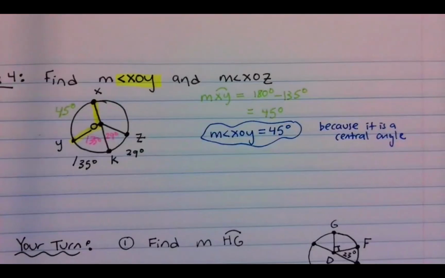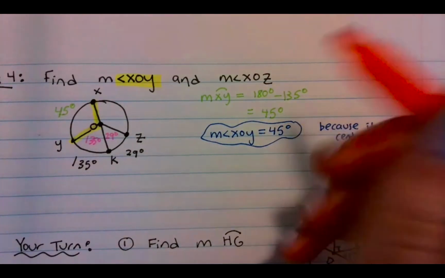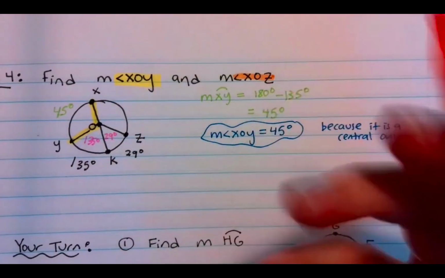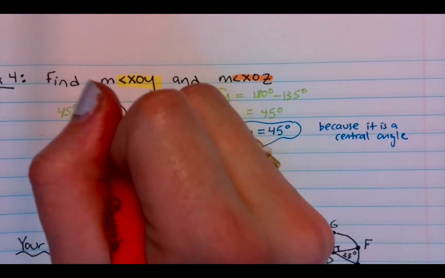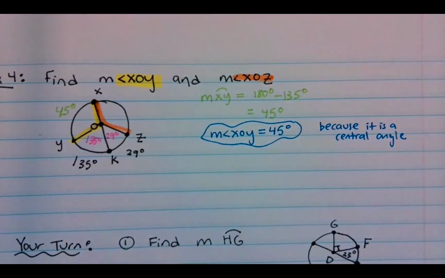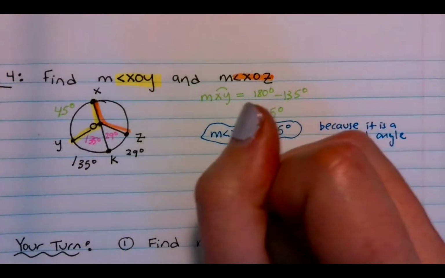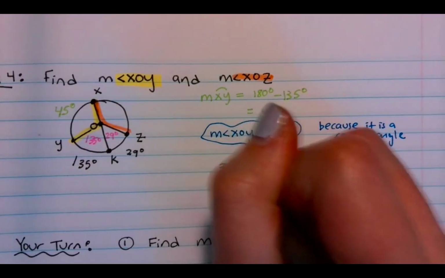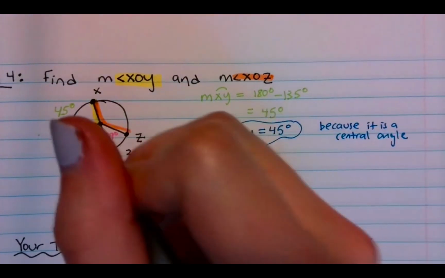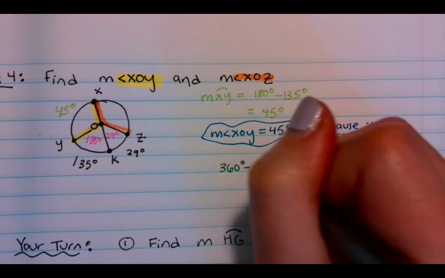All right, now we are looking for the measure of angle XOZ. So XOZ, that's this guy over here. Well, he is all that's left over from 360. So to find that guy, I can just subtract 45, 135, and 29 from 360.